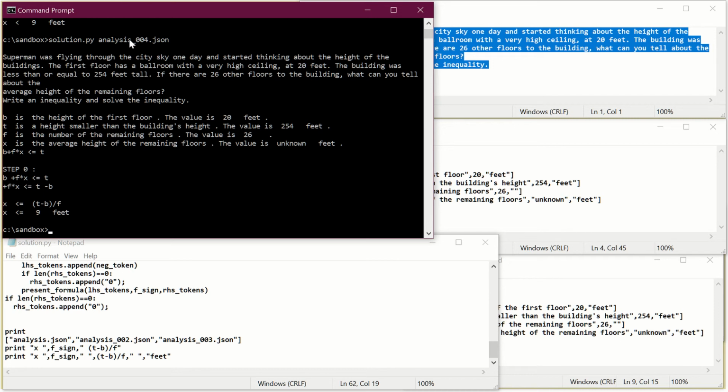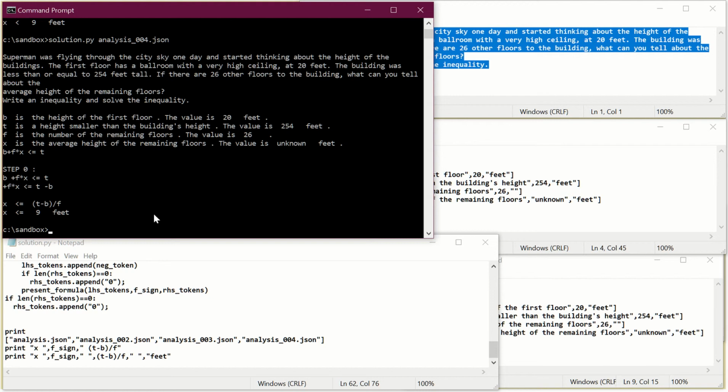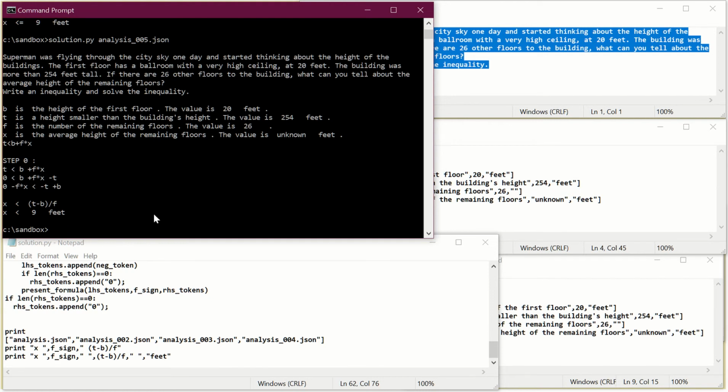The coefficient is also positive. Okay, then the fifth test. Okay, the coefficient is negative, I will not add it to the list.